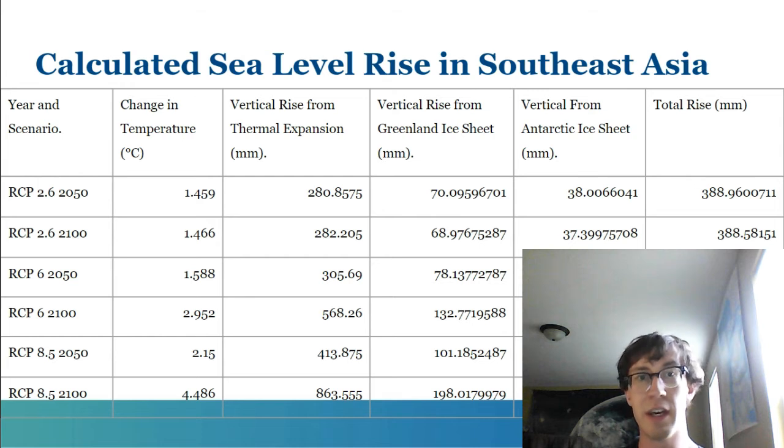And then finally, for the RCP 8.5, there's going to be a 569 millimeter rise in 2050 and a 1.168 meter rise in 2100.